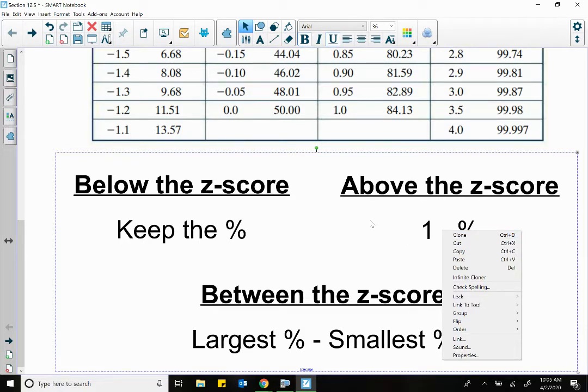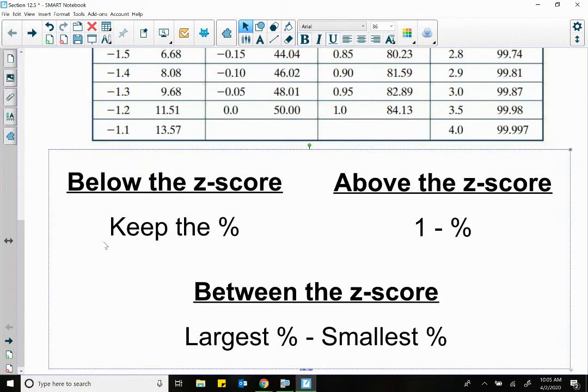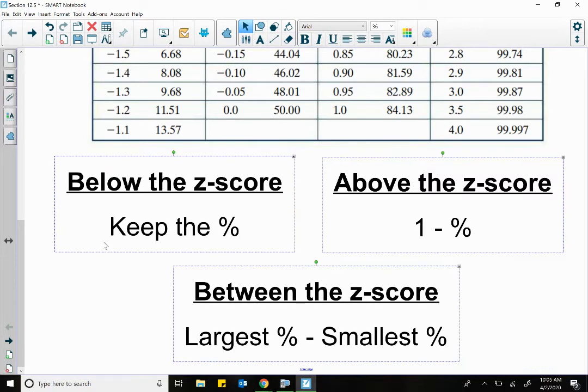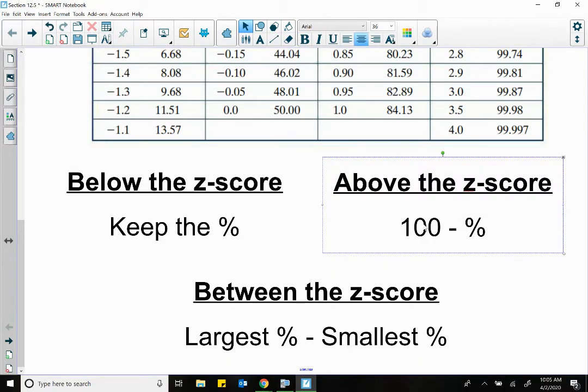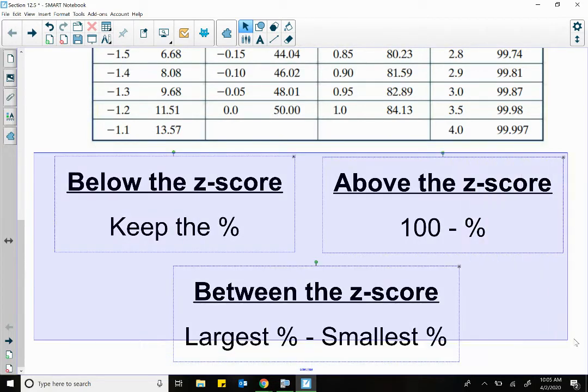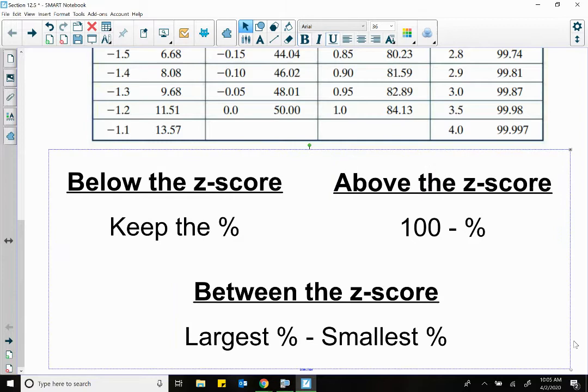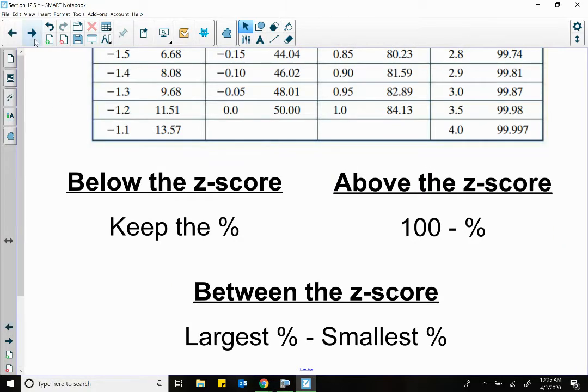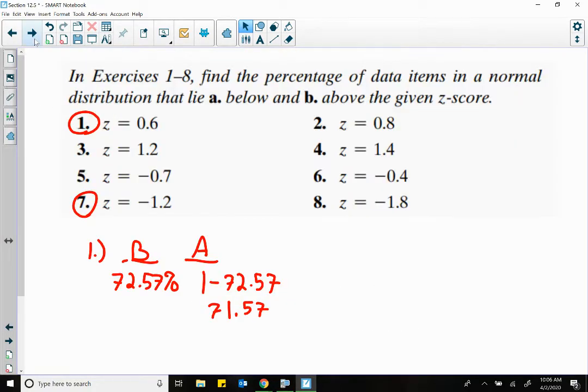Let's fix that. I am so sorry about that. 100 minus that percentage. Easy fix. If I take 100 minus 72.57, that's why that looked weird. If I add the two together, they're definitely bigger than 100.